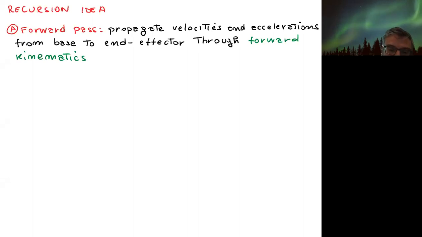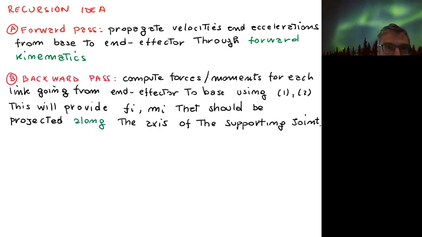Then we apply the second joint contribution, and so on till the end. Then we have the backward pass that does the opposite. Once we have worked out all the accelerations for the links, it goes back and computes starting from the end effector. So if you have any force or moment applied to the end effector, you need to count it here.